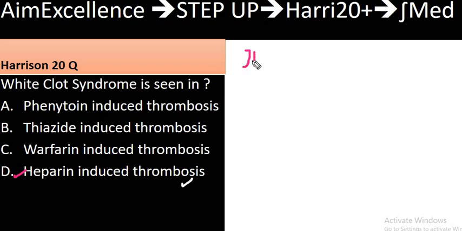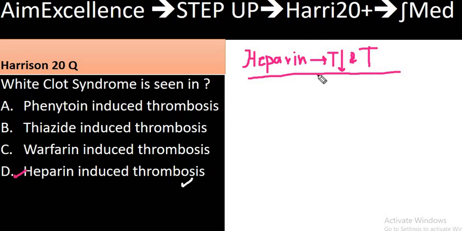Now, heparin induced thrombocytopenia and thrombosis is a very important topic that can come up as a question in upcoming central institute examinations. An important thing: thrombocytopenia will be a concern only when the platelet count goes below 20,000.